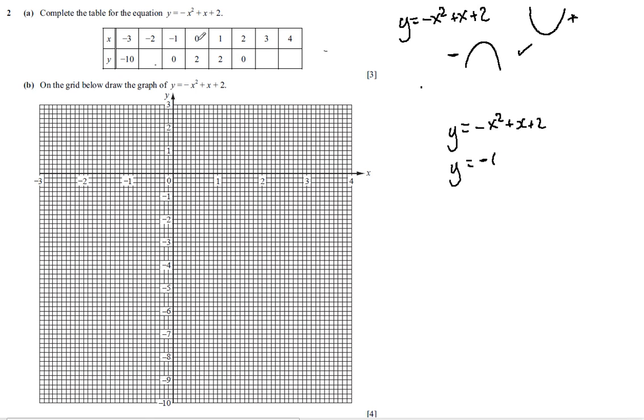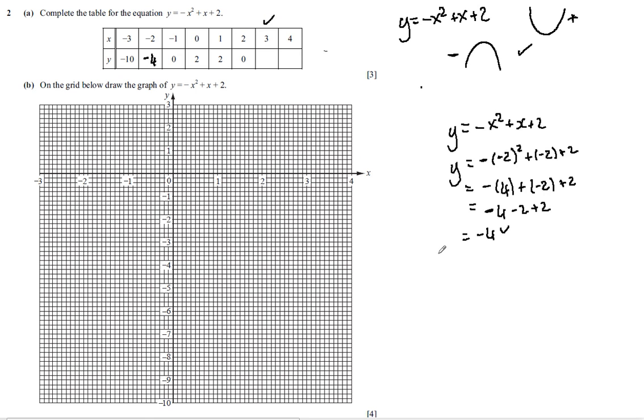So we're going to open the bracket, negative 2, close bracket squared, plus negative 2 plus 2. So negative 2 squared will be positive 4, plus negative 2 plus 2. So I'll remove all the brackets now. So negative 4 minus 2 plus 2, which is just negative 4. That's the first value over there.